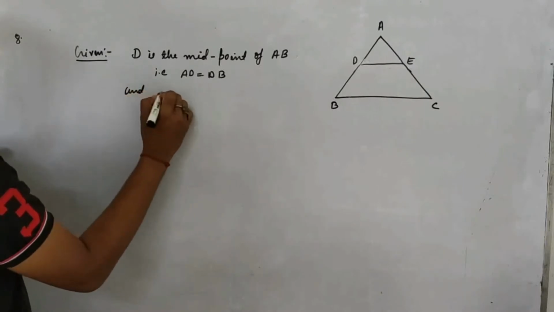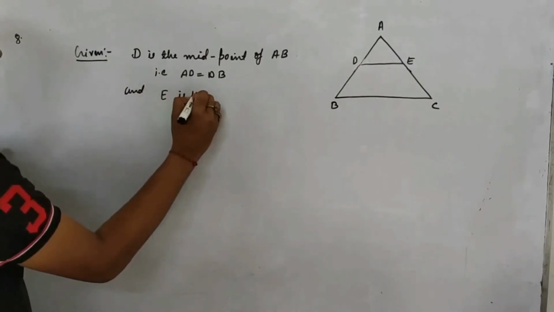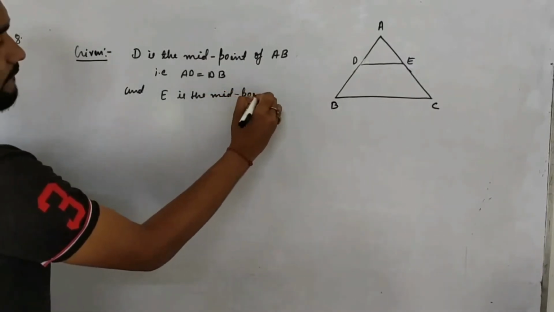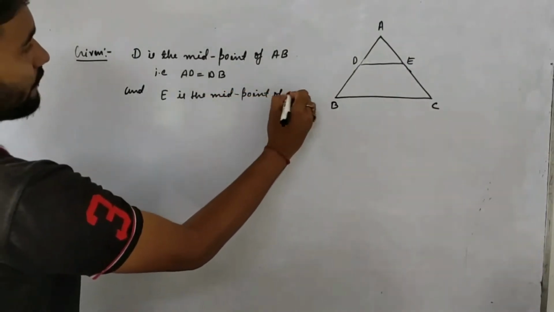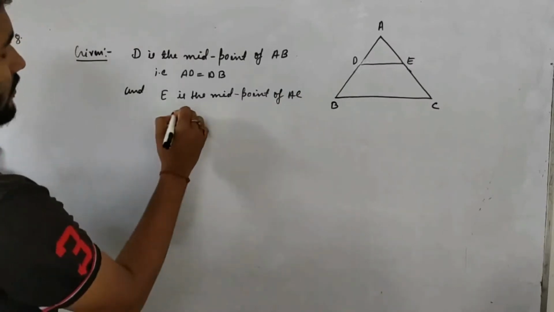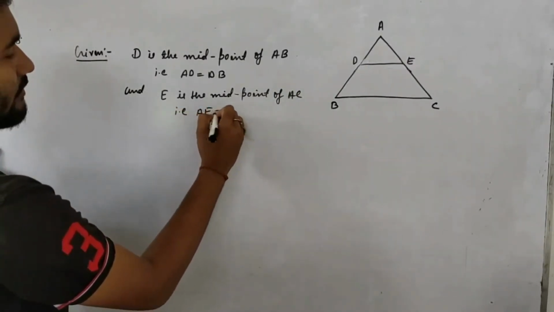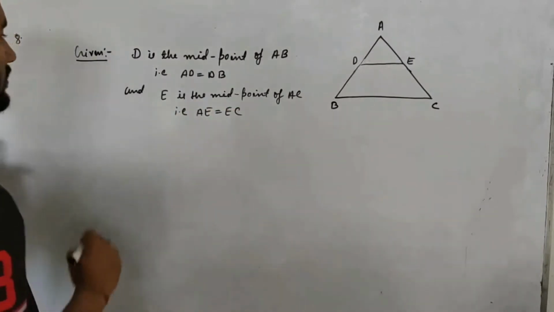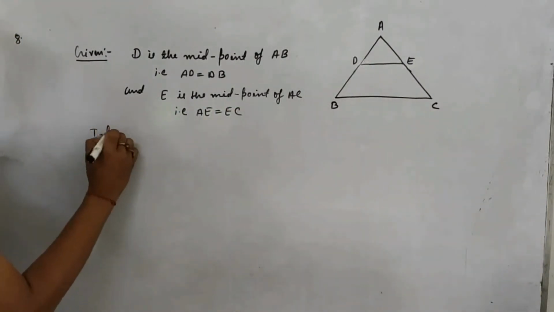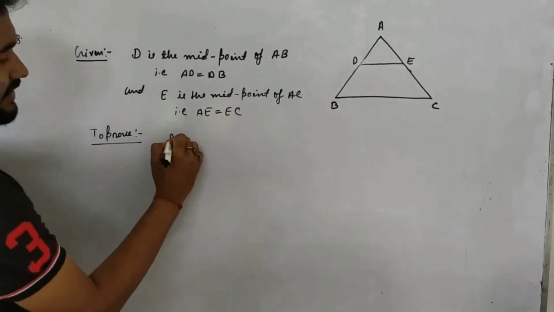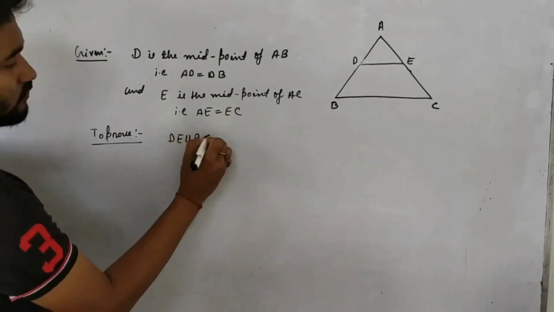And E is the midpoint of AC, so AE will be equal to EC. This is given. To prove, what do we have to prove this time? That DE is parallel to BC.